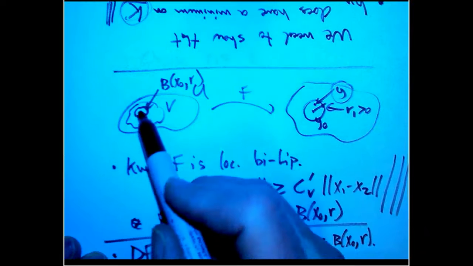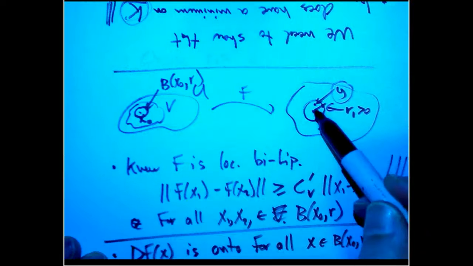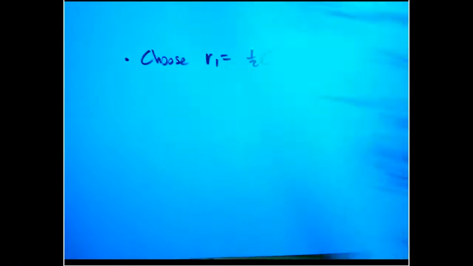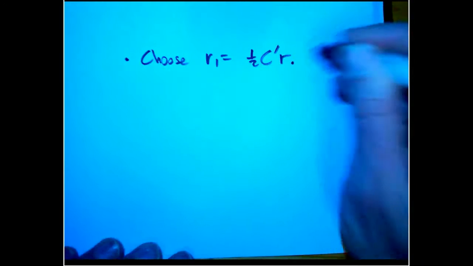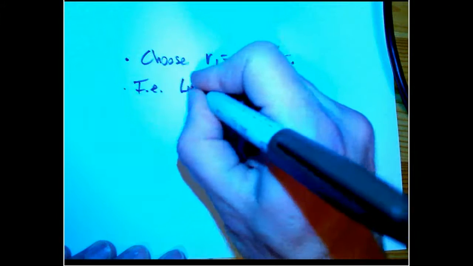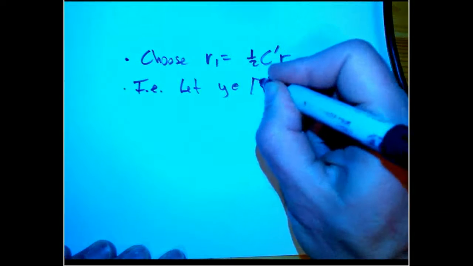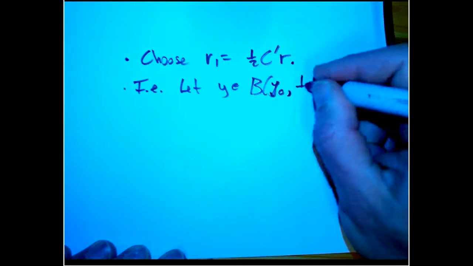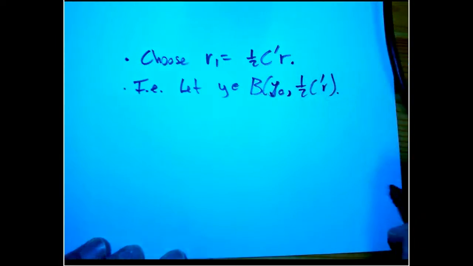But if I go out a distance r, then I really should be going here a distance even bigger than c prime r. And to give it an extra little wiggle room, we put in 1/2. Okay, so in other words, let y be in the ball around y naught, that fixed base point, with radius 1/2 c prime r.